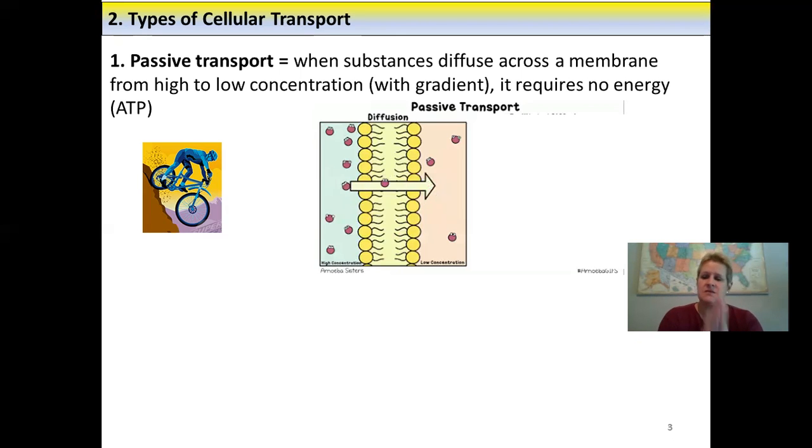Now, the opposite of this is if you move substances from where they're in low concentration across the membrane to where they're in high concentration, that's going uphill. That's going against the concentration gradient. Think of it like swimming against the tide, or think of it like salmon swimming upstream where they're moving against the force of water. That takes a lot of energy.